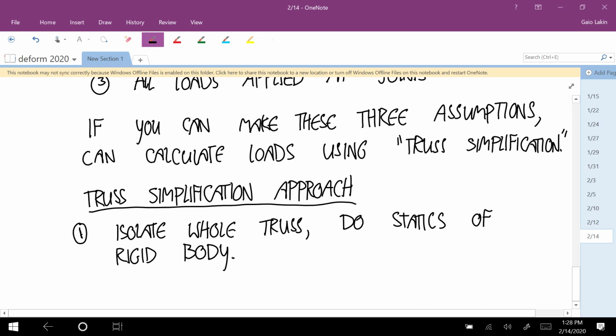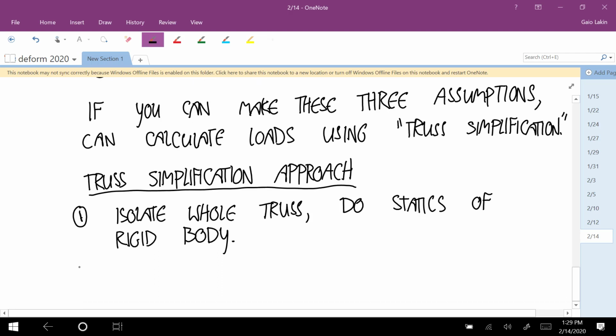Usually, hopefully, that'll be enough to calculate the external loads on the truss. So there'll be this truss that you could pick up and move, and it would hold its shape. It's a rigid body, but then that rigid body is connected to the ground by, say, a pin over here and a roller over here, and you can use that first one to calculate those external loads.